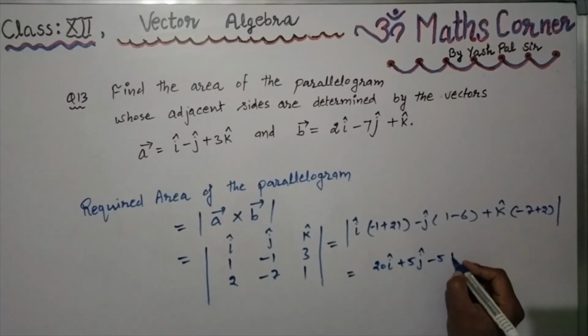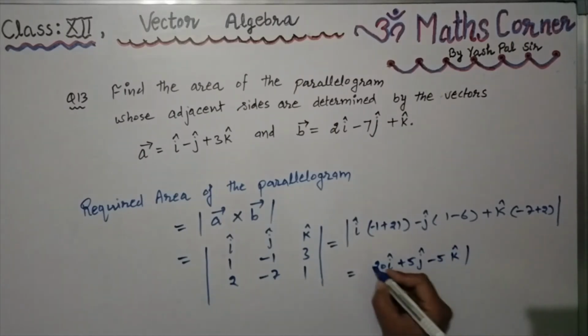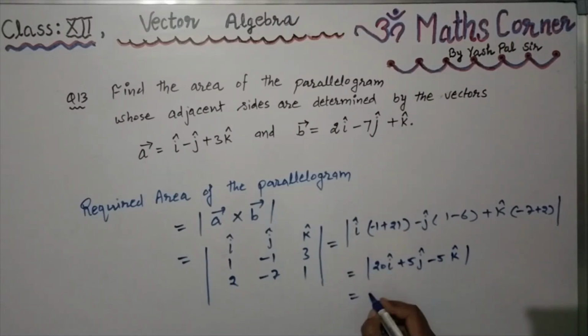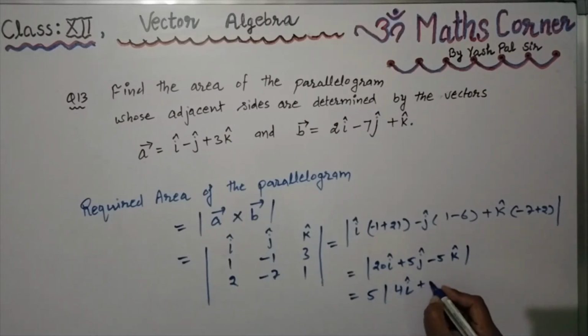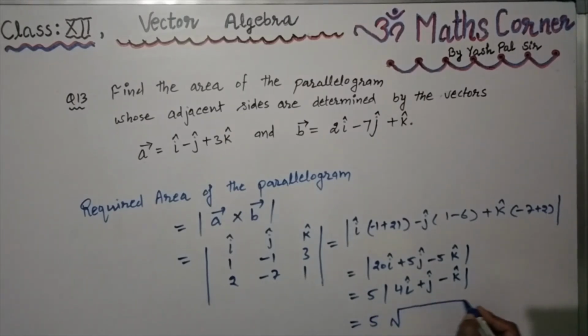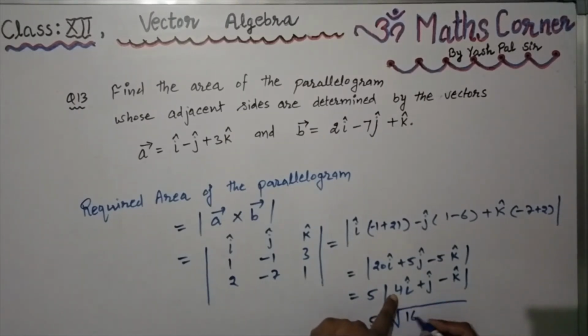So which is equal to magnitude of 21 minus 1 is 20i, this is minus 5 plus 5j, next is minus 5k, its magnitude. We can take 5 common, so we are left with 5 into 4i plus 1j minus 1k, right?